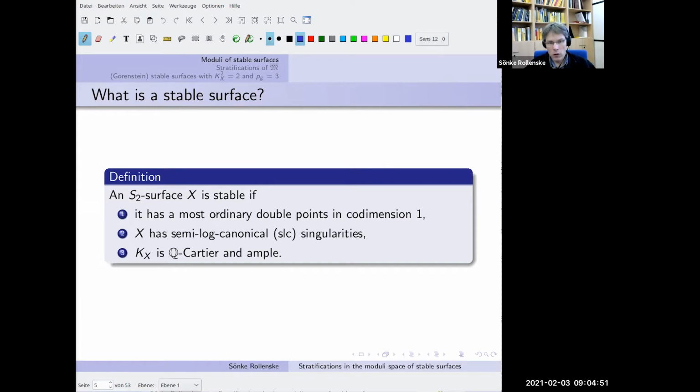And the canonical divisor should be Q-Cartier and ample. Q-Cartier is actually contained in the SLC condition, but I repeat it here for clarity. If you do not know what SLC is, you should think of SLC as log canonical plus normal crossing.